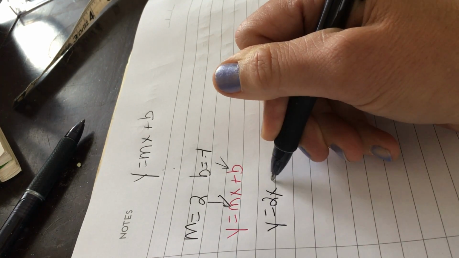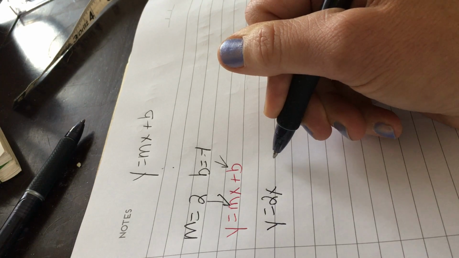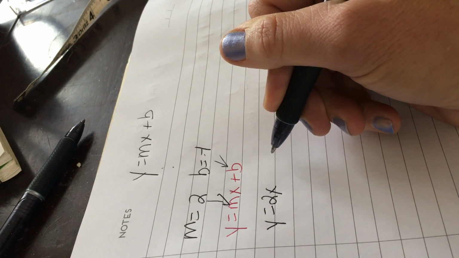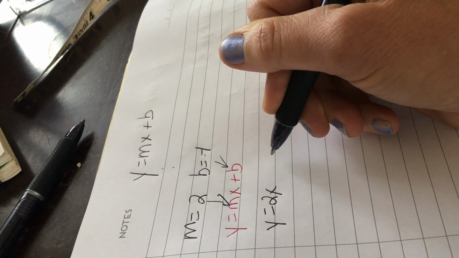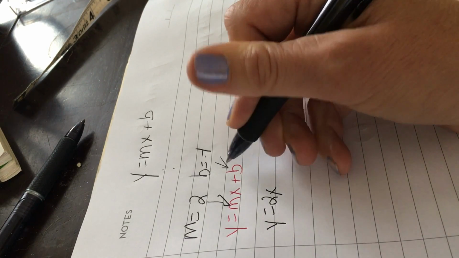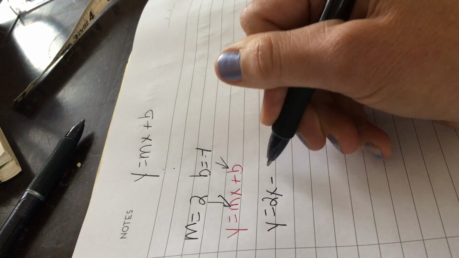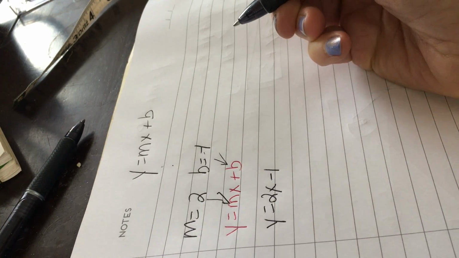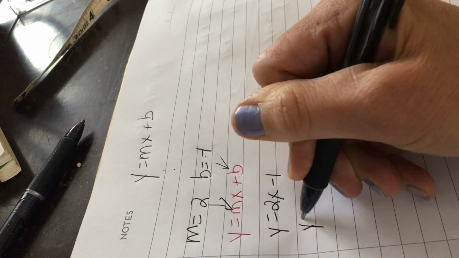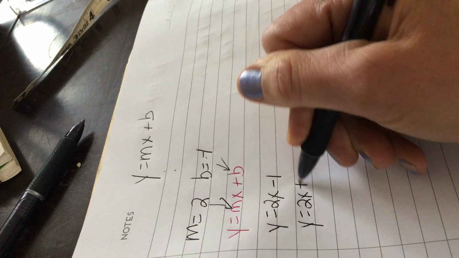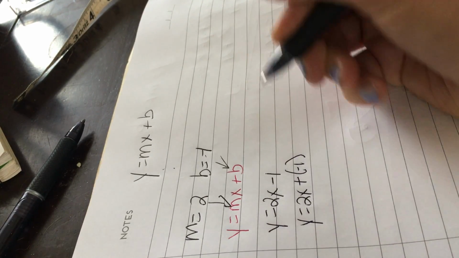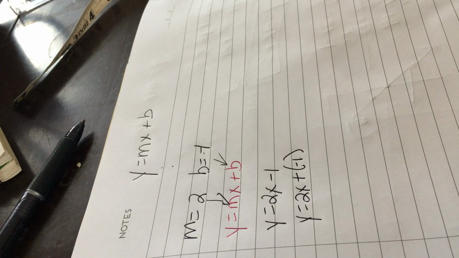You can write plus -1, or you can just write -1. I like writing -1. It does not matter if you write it y equals 2x plus -1. You just got to make sure that -1 is inside parentheses.